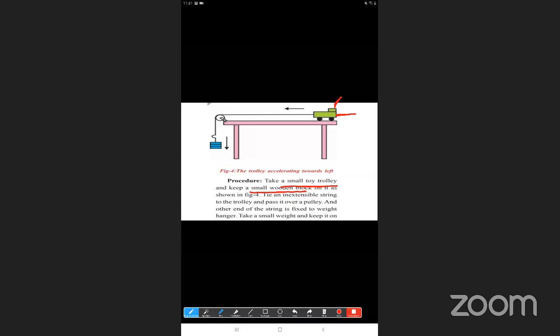Okay. Now, tie an inextensible string to the trolley and pass it over a pulley. Here, this is an inextensible string. So this is a pulley. Now, the other end of this string is fixed to a weight hanger.